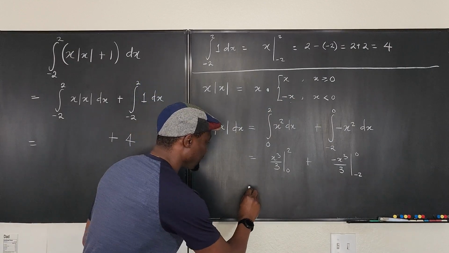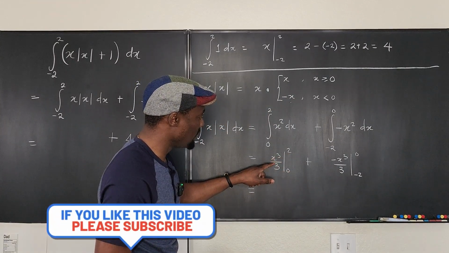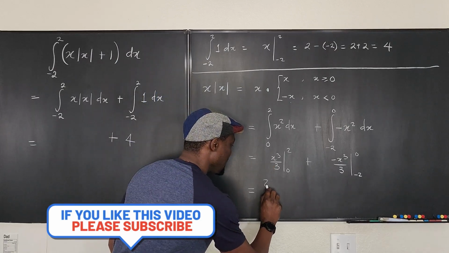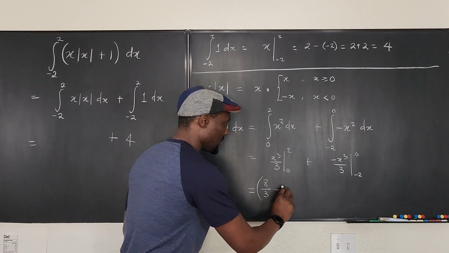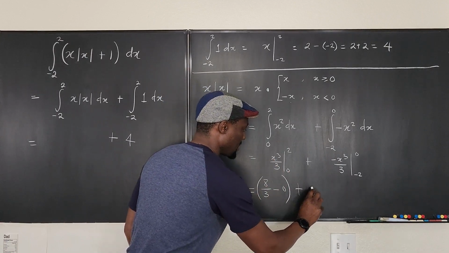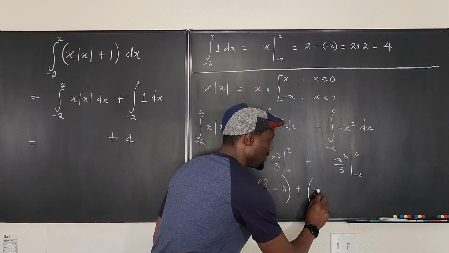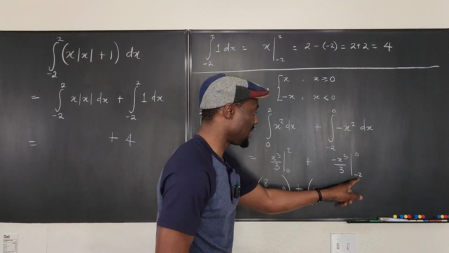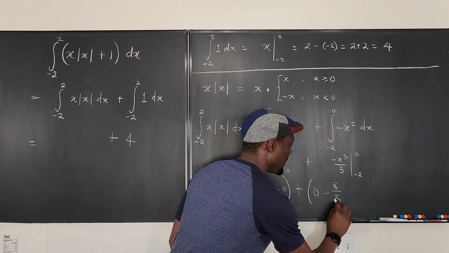What do we get? If I plug in 2 here, it's going to be 8 over 3, minus, if I plug in 0, it's just 0. Plus, we do the same thing. If I plug in 0 here, it's going to be 0, minus, if I plug in -2 here, this is going to end up becoming 8 over 3.